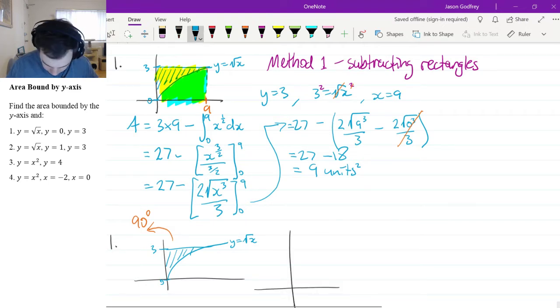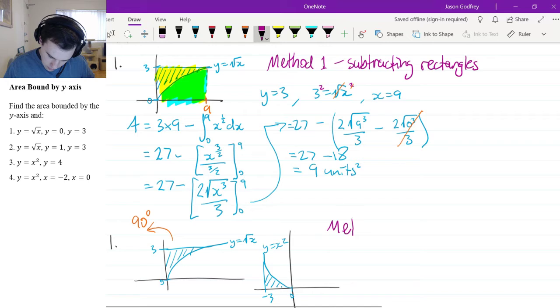Well, this bit of the parabola would be here, and 3 across to there would be across to -3, 0 would still be fixed there. And now it's the graph of y equals x squared. So we can find the area under that curve just using our knowledge with areas bounded by the x-axis.